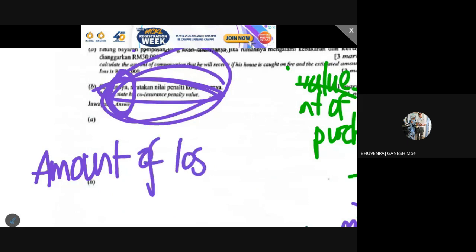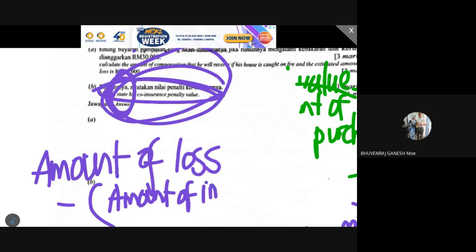Okay, so basically the formula is, you see your textbook, kalau kamu refer balik pada tingkatan 5 punya textbook, you can actually find this formula. Actually quite long for me to write also.